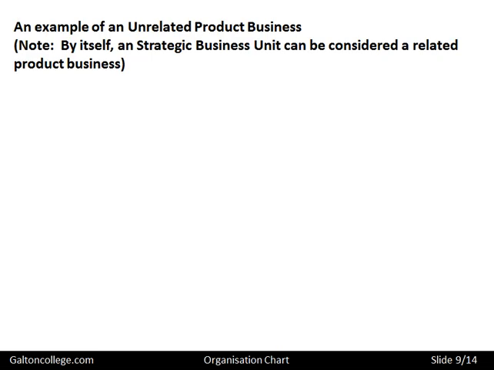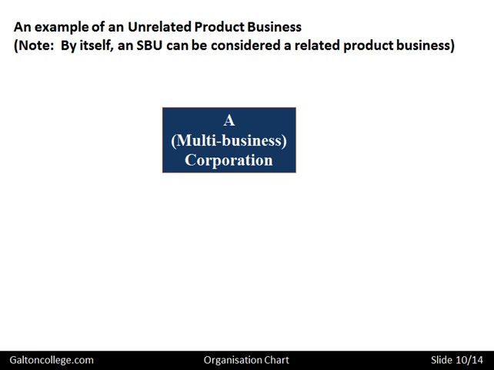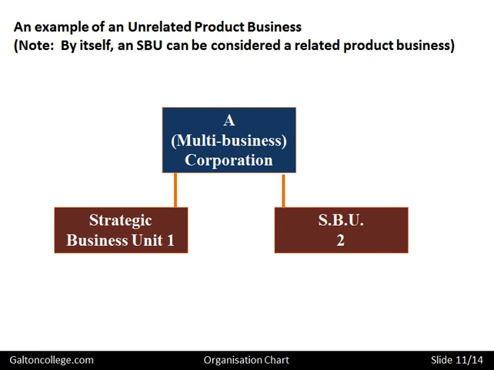An example of an unrelated product business, and note here, by itself, a strategic business unit can be considered as a related product business. So let's look at this one. Say we have a multi-business corporation, and here we've got strategic business units.